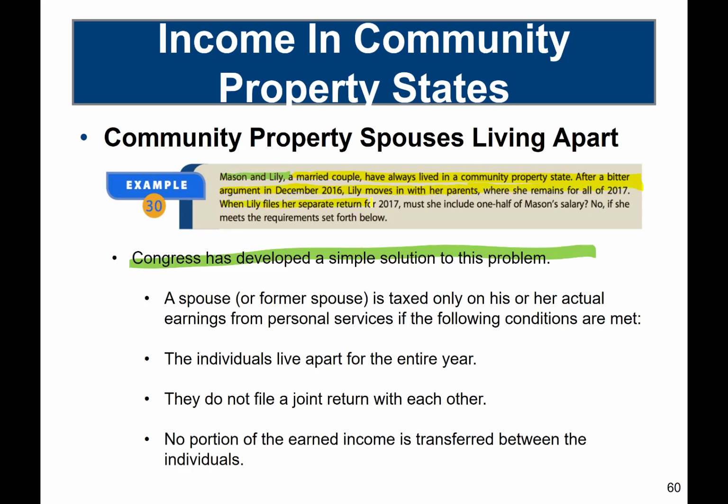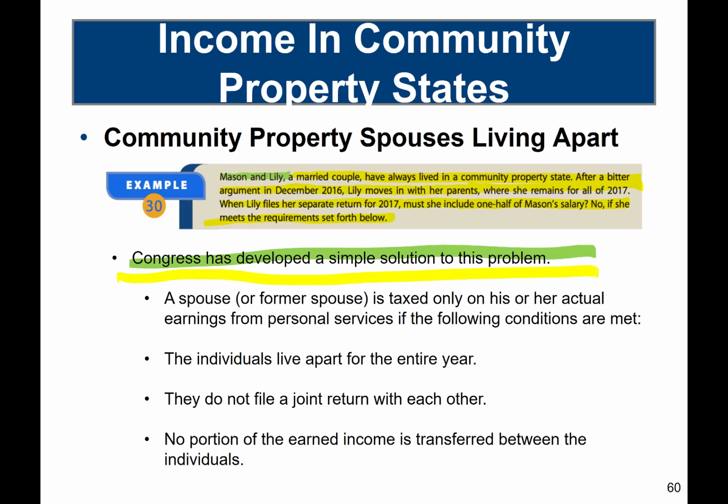When Lily files her separate return for 2017, does she have to include half of Mason's salary? No, she does not, because they have lived apart. We have some rules where you don't have to claim half of the salary if you meet certain requirements.